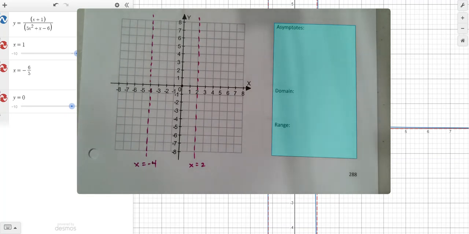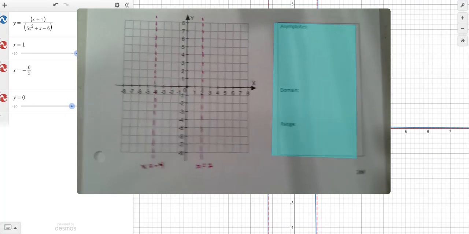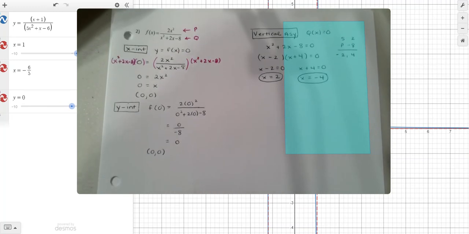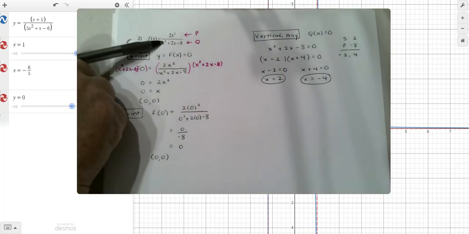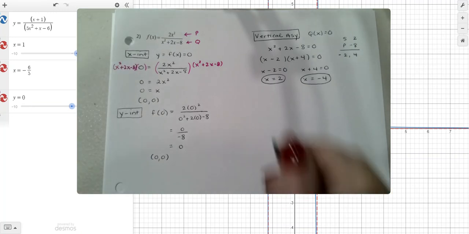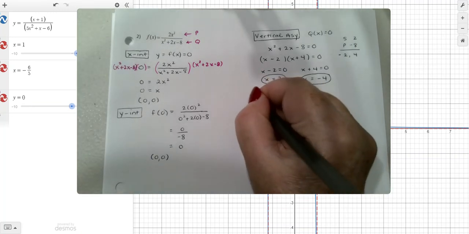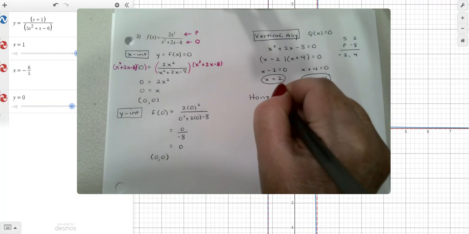All right. Looking at the degrees of P and Q, they're the same, right? They're both second degree. So that tells me, again, I'm going to have a horizontal asymptote.